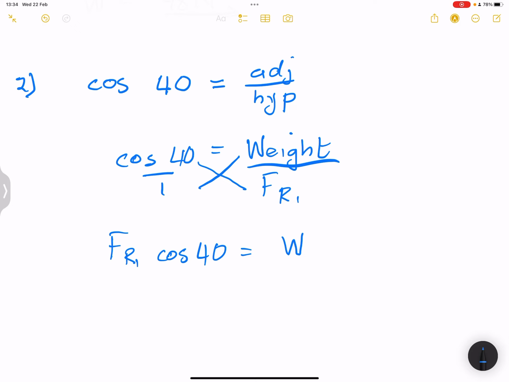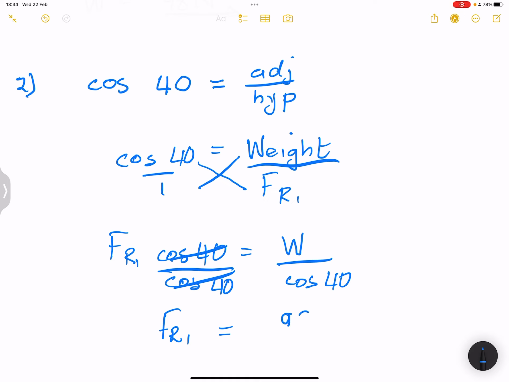I can divide both sides by the cos of 40, and that cancels. So the force on rope 1 would be the weight, which we said is 98, divided by the cos of 40.